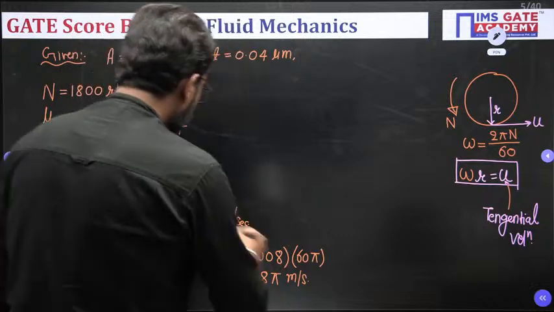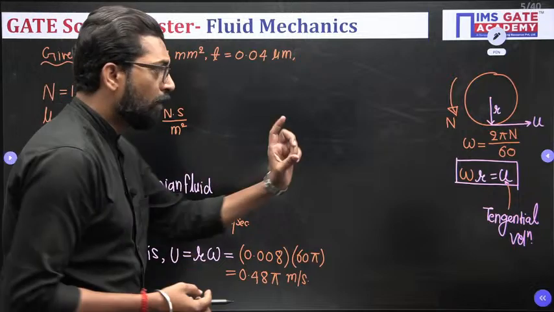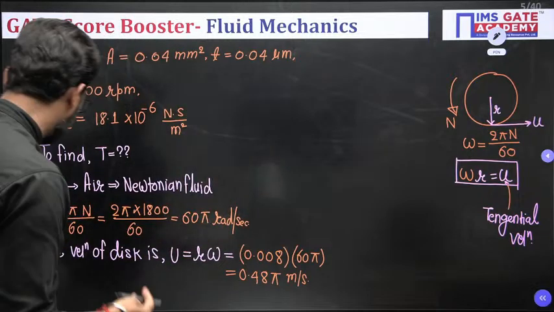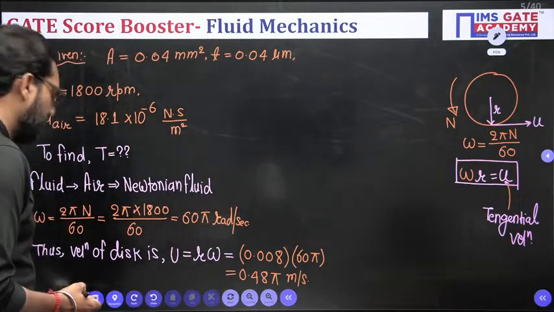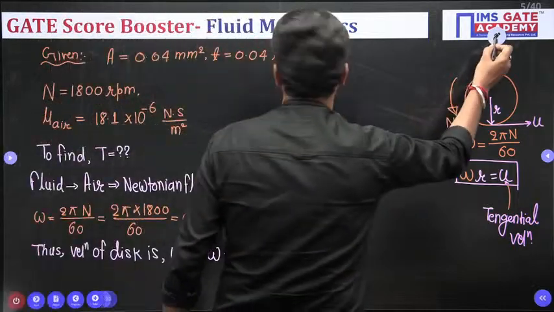Now, once you have the tangential velocity, how do we identify it? We have a diagram like that.